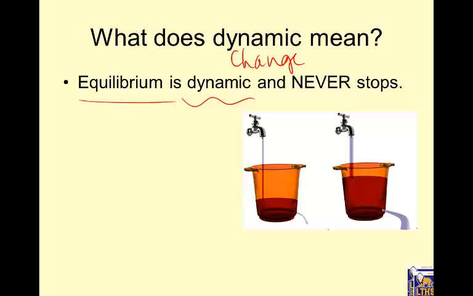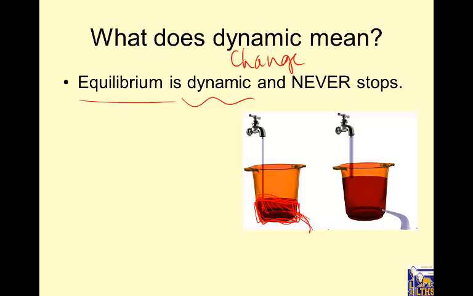But what's cool about the change is the amount of change that's caused by this equals the amount of change that's caused by that. So it looks like the water level doesn't change, but it's new water. All these new water molecules are coming in, all of those old water molecules are coming out.